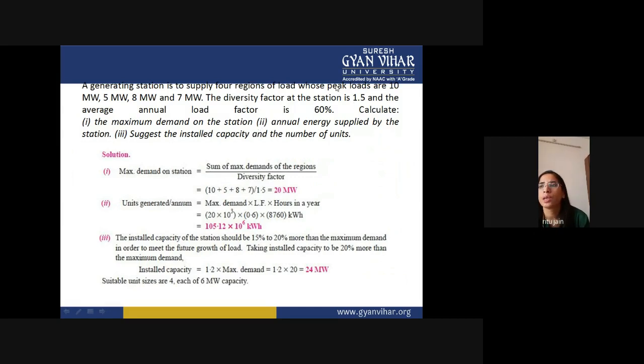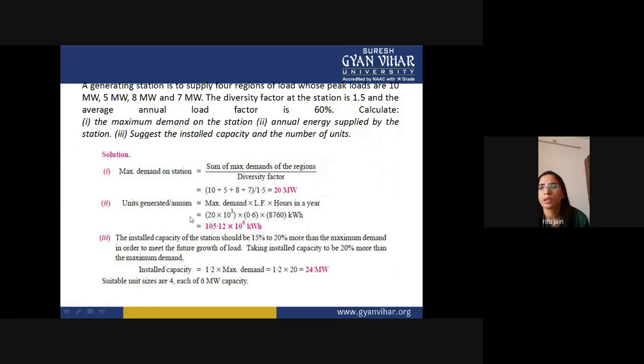The sum of maximum demands of all regions is 10 plus 5 plus 8 plus 7, divided by 1.5. So you get that the maximum demand on the station is 20 megawatt, right?